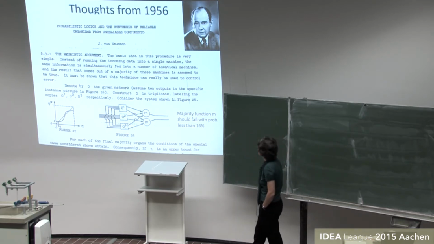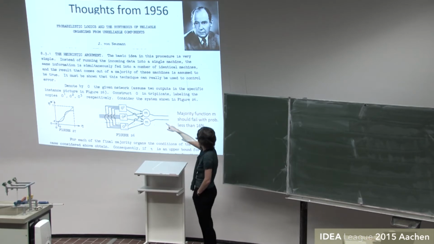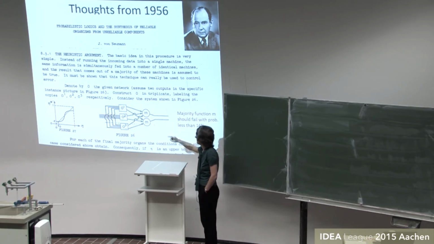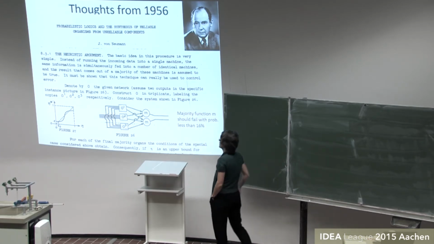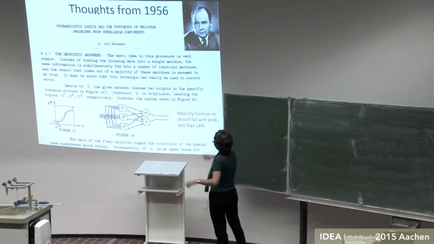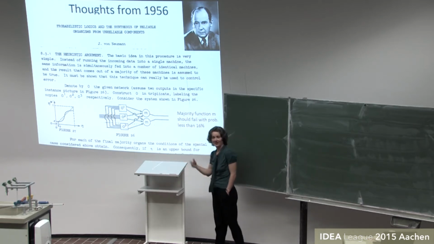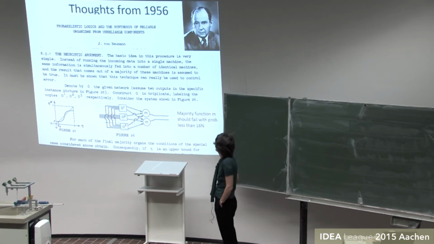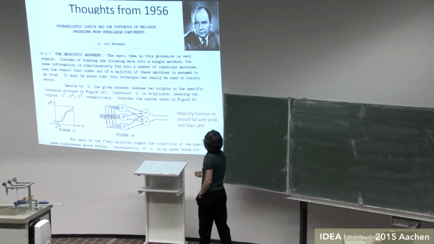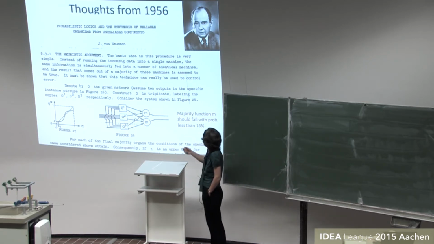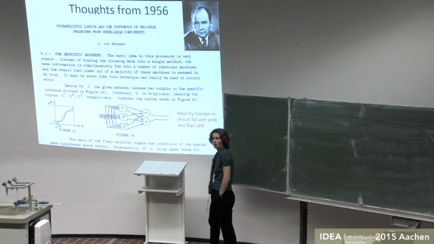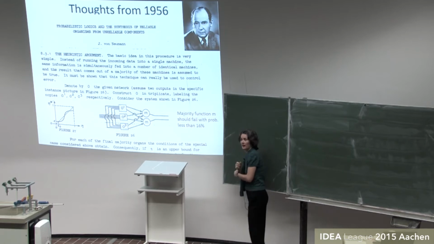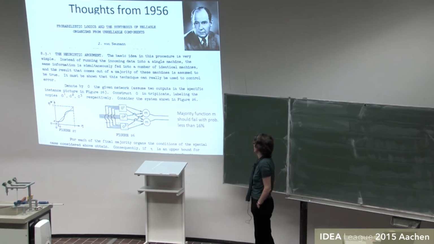Out of these 3 copies, we have 2 outputs, and we feed these outputs into a new organ. He calls these organs in this paper because the idea is it corresponds to some kind of biological system. So this organ M is the majority organ. It just takes the majority of these outputs.